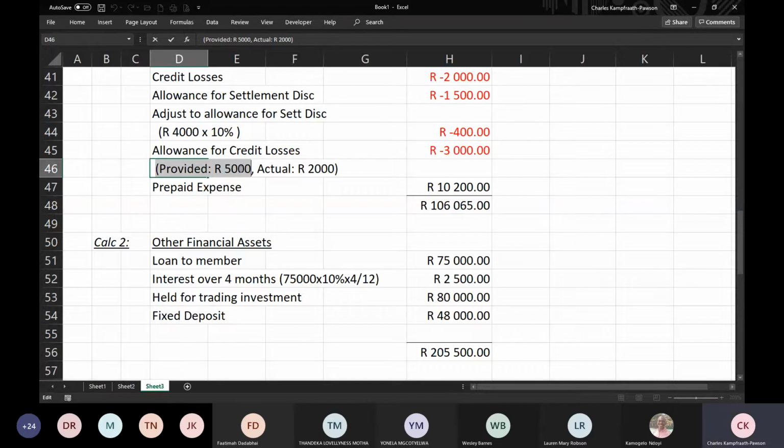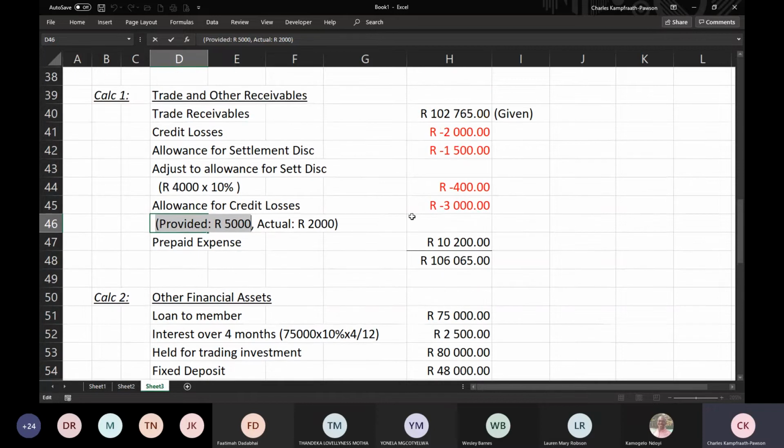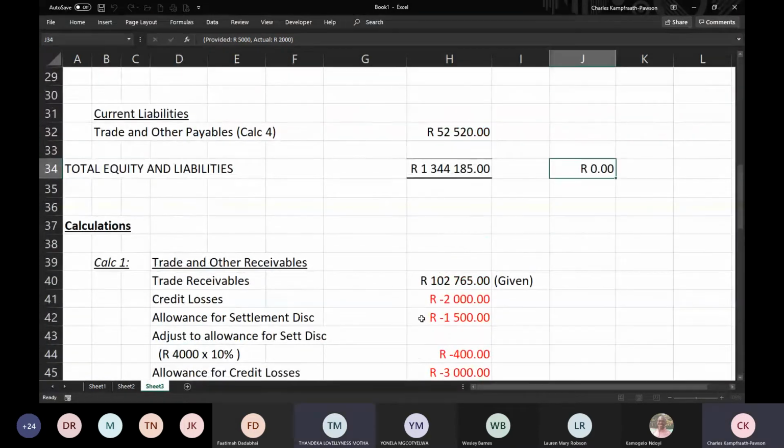Everybody happy with that? Only if the actual loss was, say, for instance, 7,000, then we would have provided for it. Because now we balance as well.